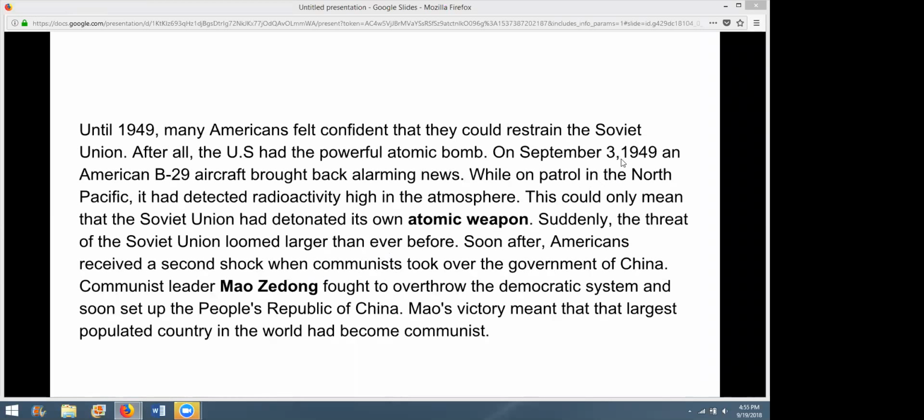I didn't have to say on September 3rd this happened, or in November this happened. All I'm summarizing is that 1949 was a big date, because the United States got scared due to the Soviets detonating their first atomic weapon, and China, a huge country, fell to communism.